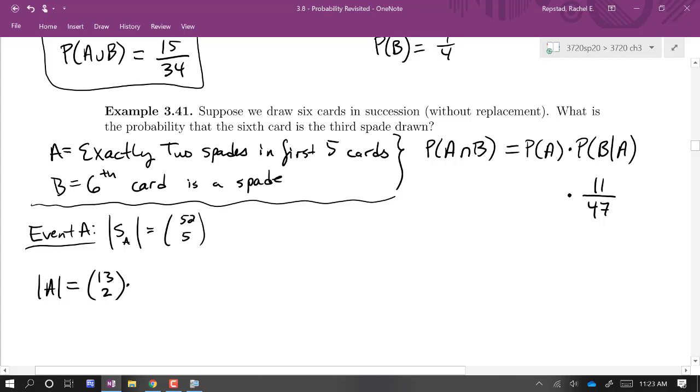And on top of getting exactly 2 spades, I need to get 3 cards that are not spades. So I'm going to choose 3 more cards. They have to come from, let's see, 52 minus 13 is 39. So the 39 cards that are not spades. And that means that P of A is equal to 13 choose 2 times 39 choose 3 divided by 52 choose 5.